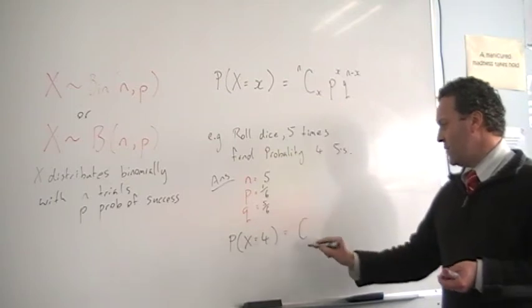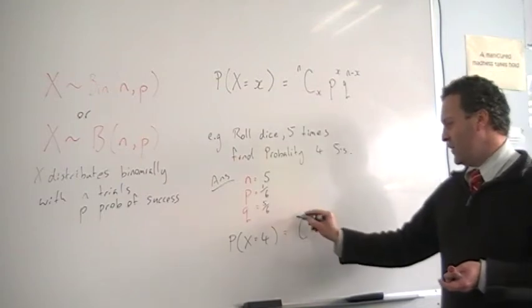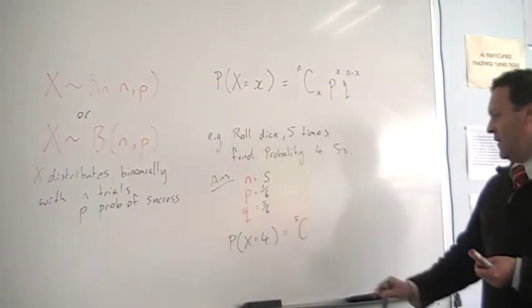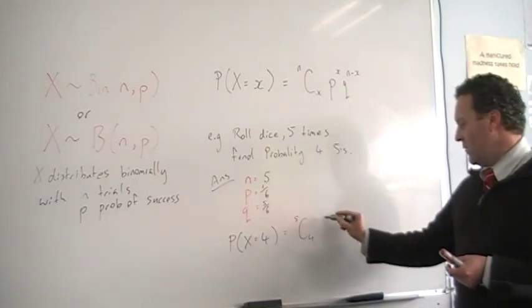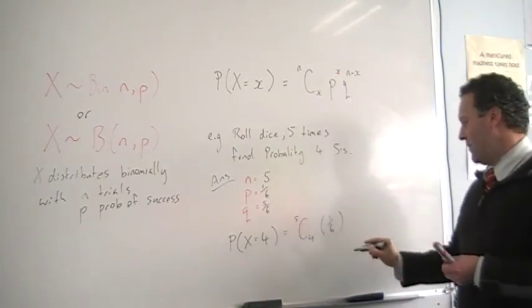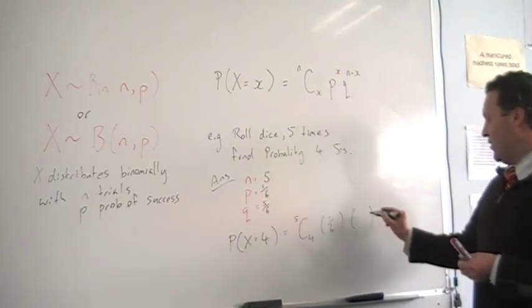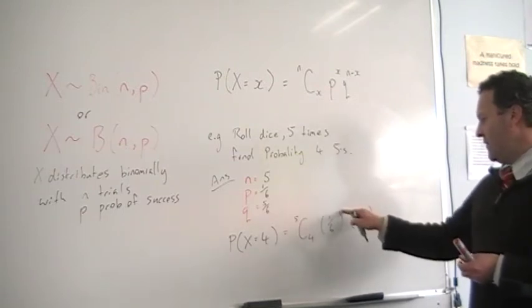So we can work it out this way. What goes up here? 5, because we've got it 5 times. What's going to go down here? 4. What am I going to write instead of P? 1/6. What am I going to write instead of Q? 5/6. What am I going to write up here? 4.